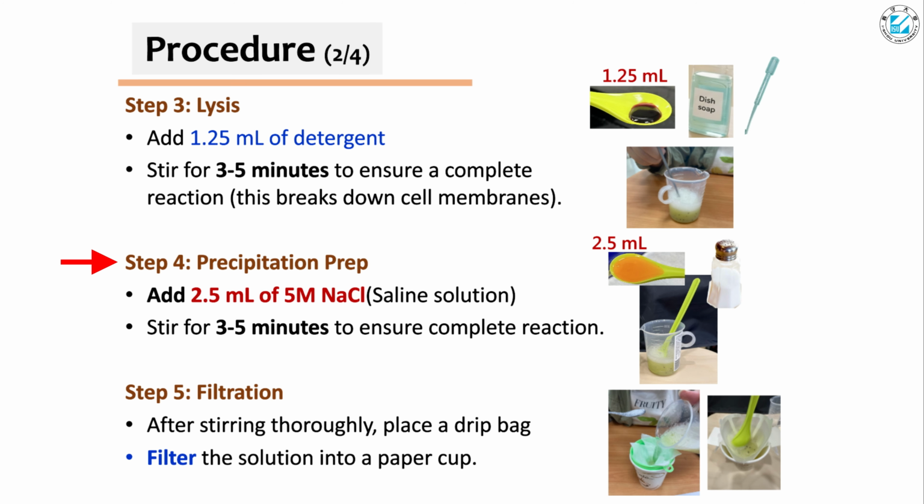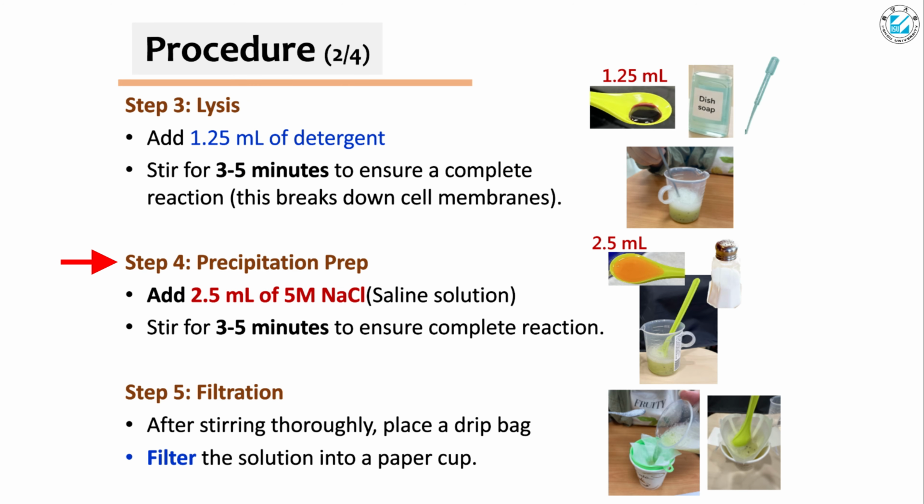To add 2.5 milliliters of 5N NaCl, which is called saline solution. The NaCl is salt in your kitchen, so it's a common thing. Yeah, so you add this salt and stir for 3 to 5 minutes to ensure complete reaction.